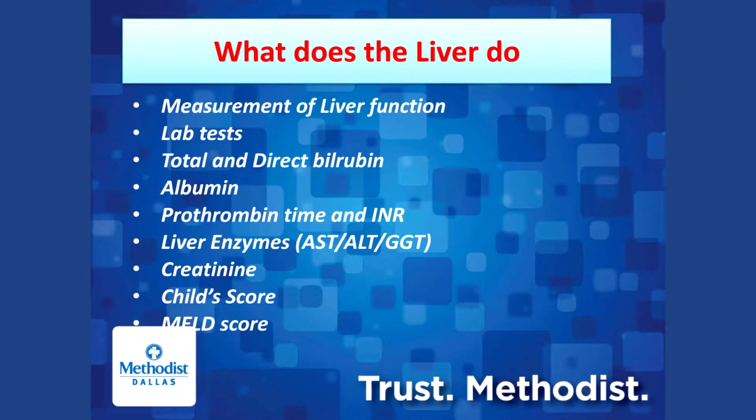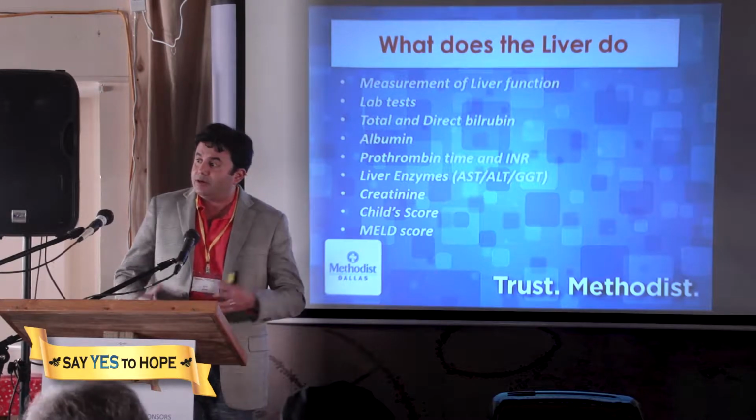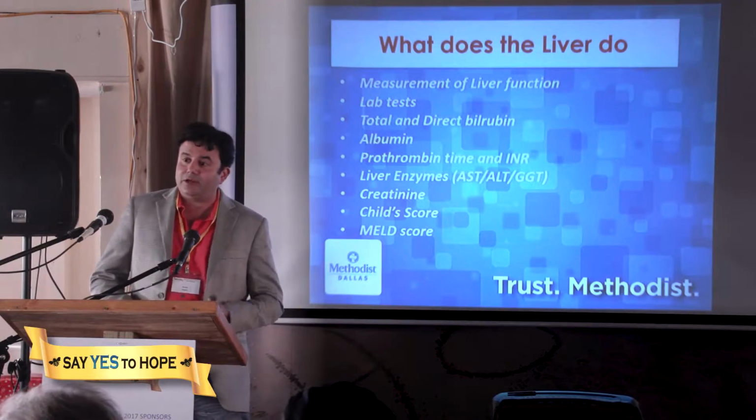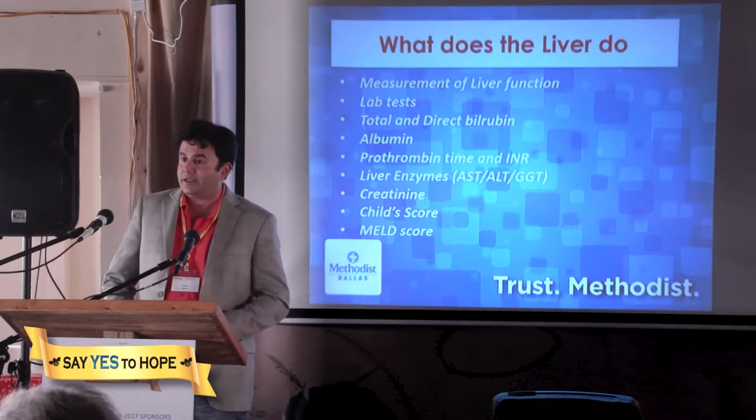How do we measure liver function? I'm a liver specialist, so we employ a number of different techniques and tools to assess how well your liver is working or not working. We have some blood tests, which a lot of you may be familiar with, which your oncologist, physician, or surgeon may be ordering. They talk about bilirubin a lot.